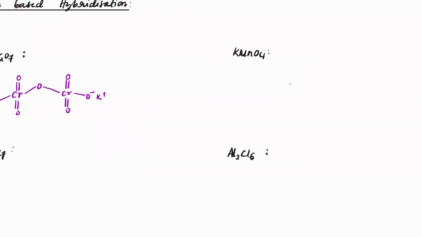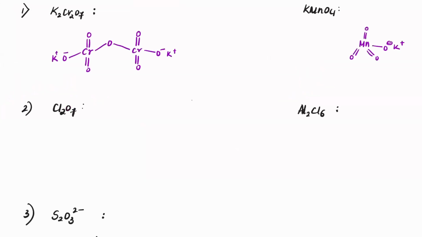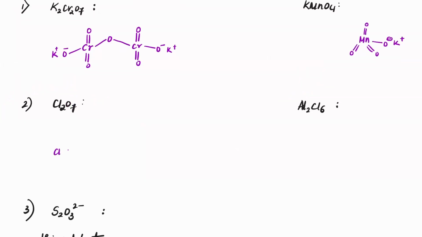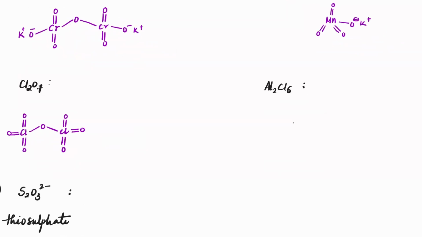KMnO4: Mn, double bond O, double bond O, double bond O, and O minus and K plus. This is KMnO4. Cl2O7, same as the above: Cl, O, Cl, double bond O, double bond O, and double bond O, double bond O, double bond O, and double bond O.